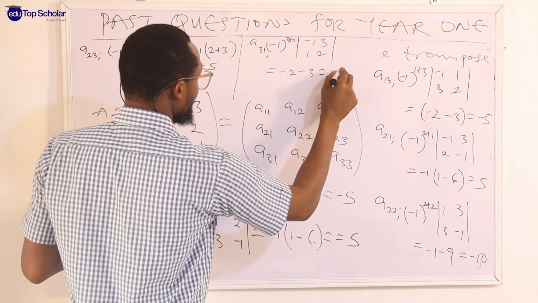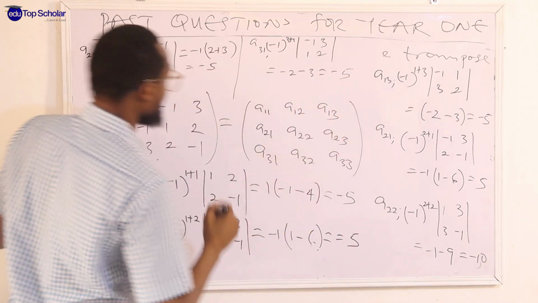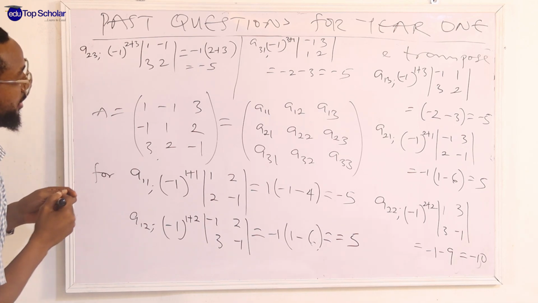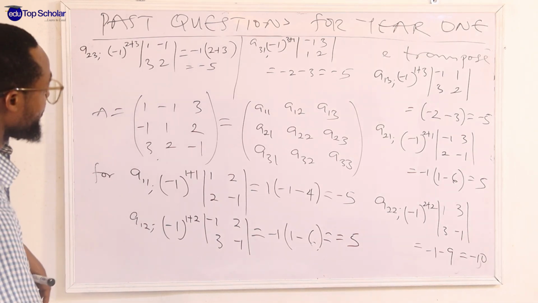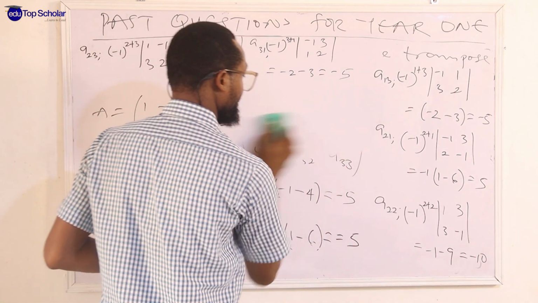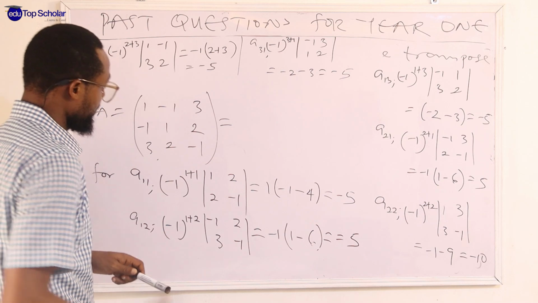This will be minus 5. And now we are left with, I think I should remove this, because I still need all these values.